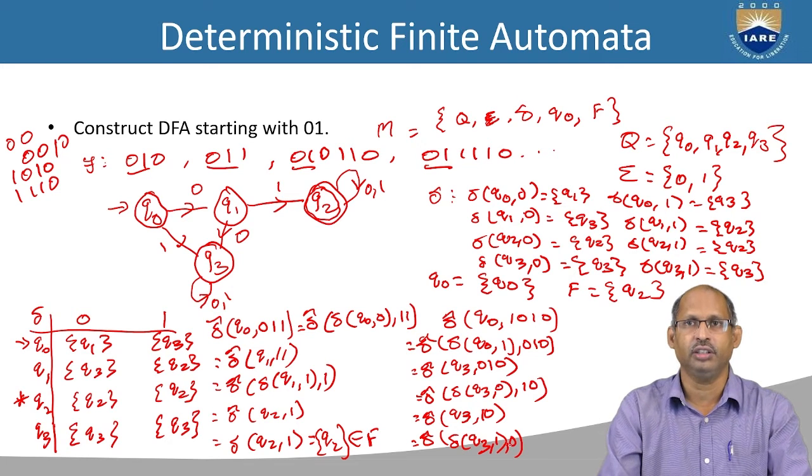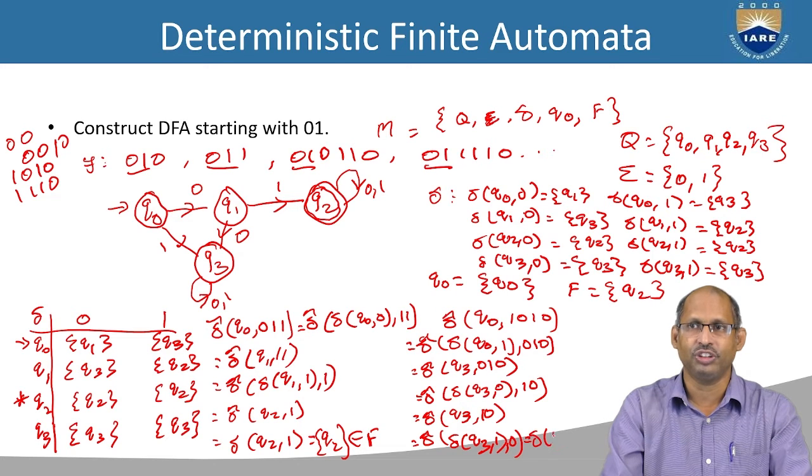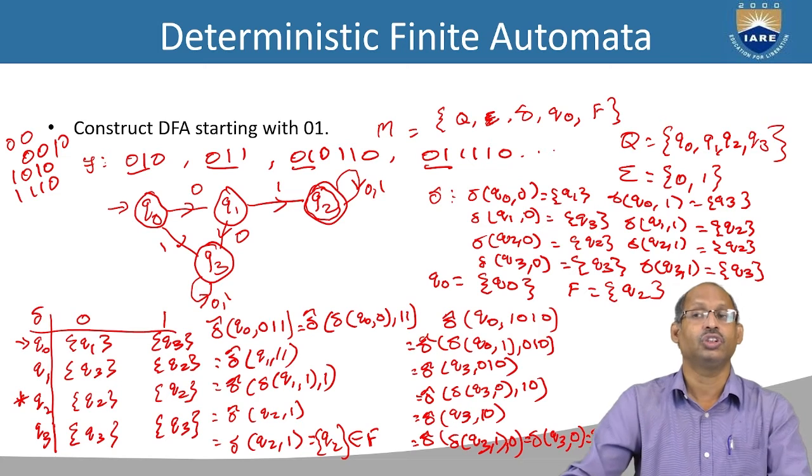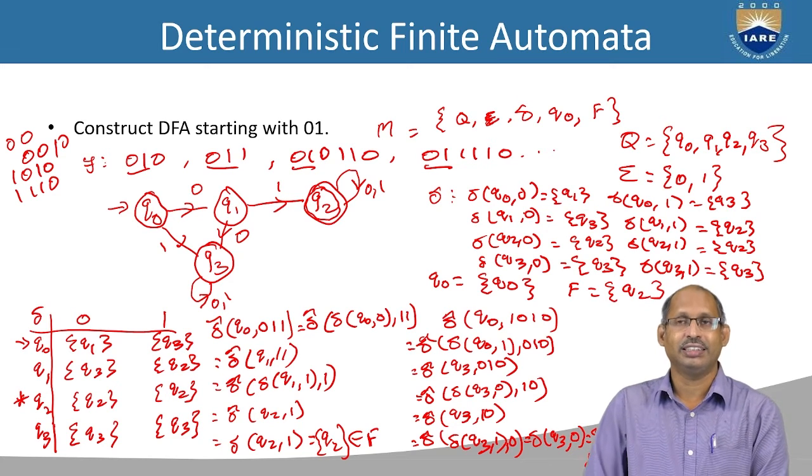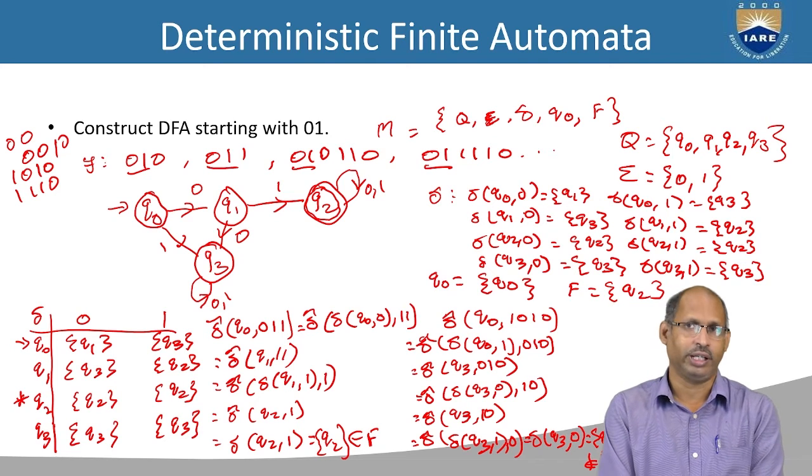What is Q3 on 1? It is Q3 only. So once again, Q3 on 0 is Q3 only, which does not belong to the set of final states. So the string is not accepted.